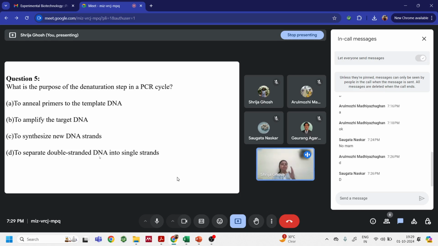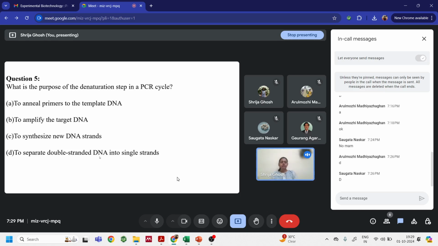In replication we needed helicase to separate the DNA, but in PCR, instead of using an enzyme, we simply heat the DNA to separate it into two strands. Then we add the primers and polymerase so that the rest of the replication process can go on and we will get an amplified DNA.